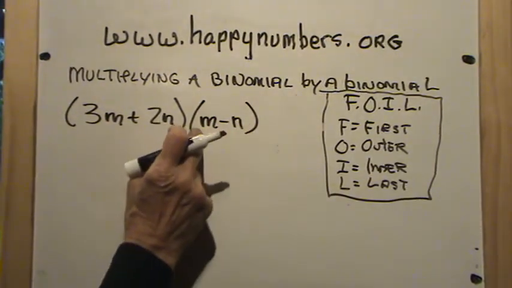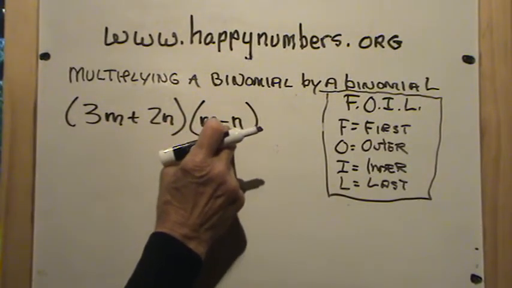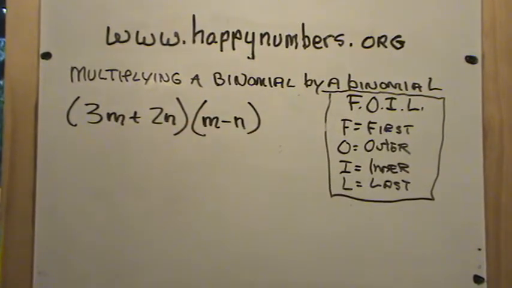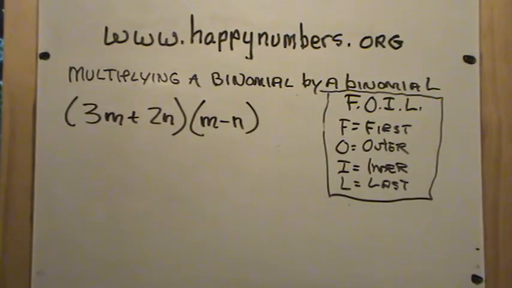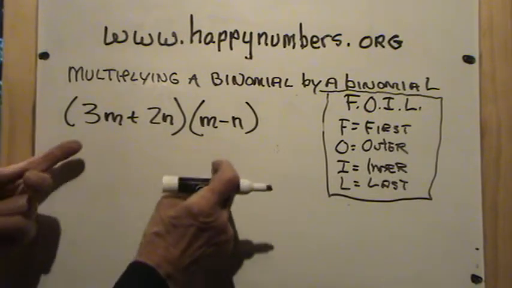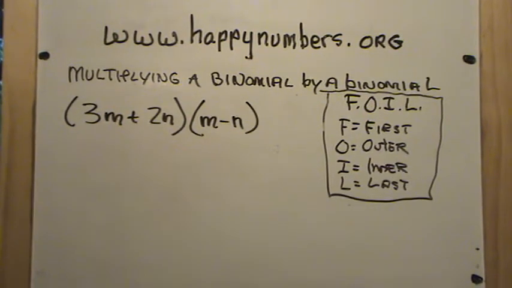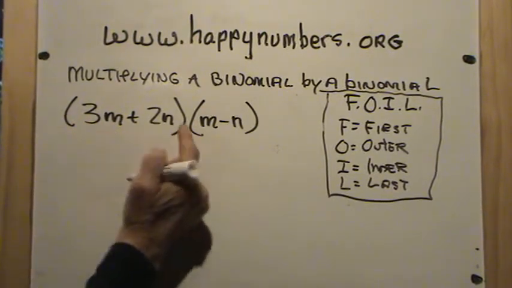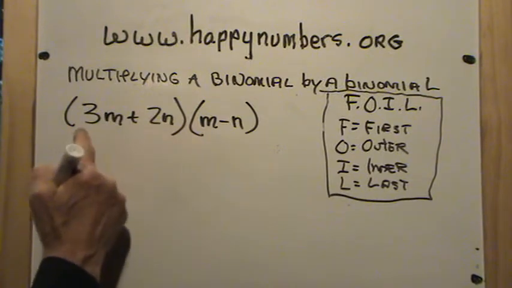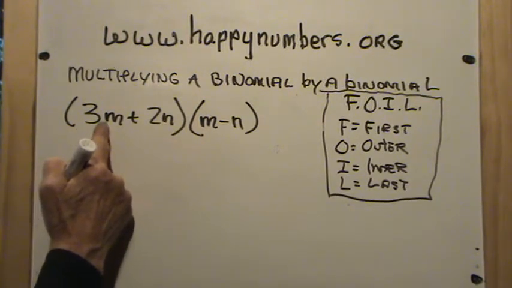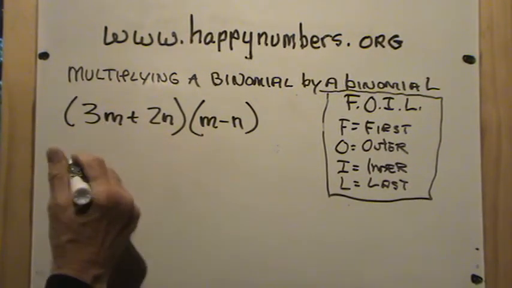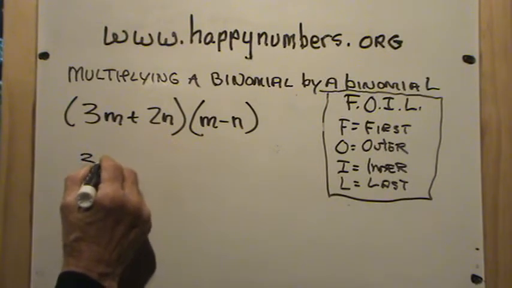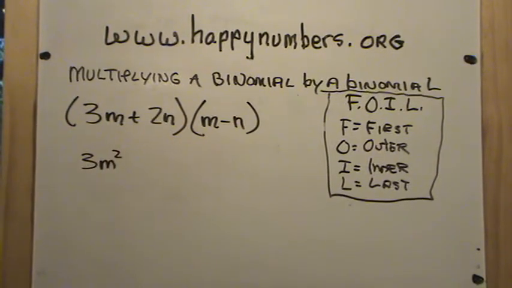By the way, remember this is 1m and this is a negative 1n, okay? So what would be the first terms in each of these? Well, the first term in this one would be here, and this would be the first term. So we would multiply 3m times 1m, which would give me 3m squared.